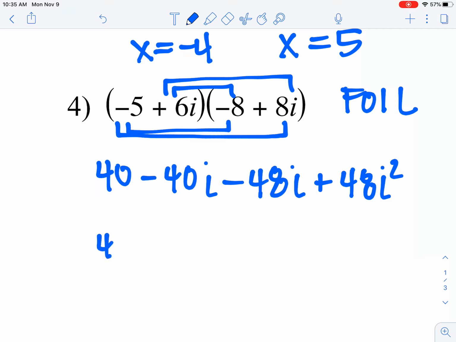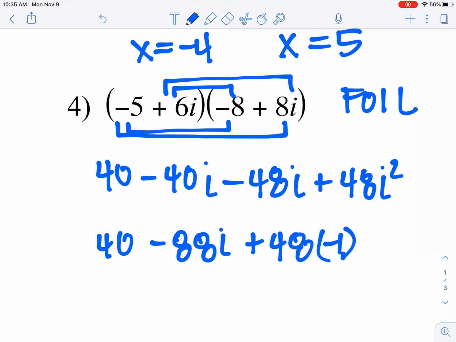Okay, so I keep my 40. Now I have negative 88i. And then 48 times i squared will be 48 times negative 1. So that'll be negative 48 plus the 40 will give us negative 8 minus 88i.